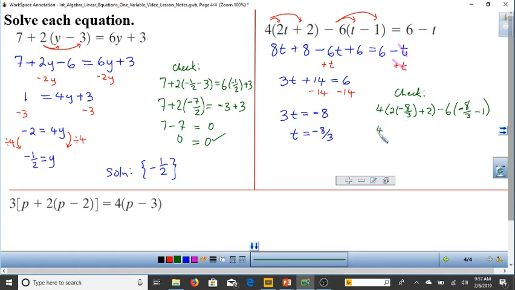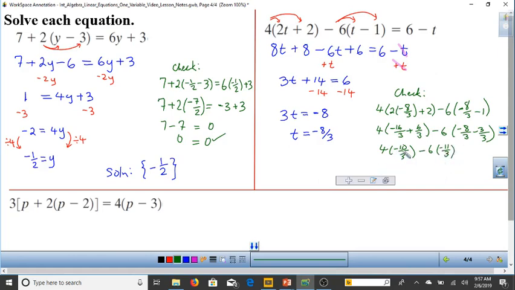And so negative 16 over 3 plus 2, I'm going to write that as 6 over 3. And then on the next fraction, we have negative 8 thirds minus 3 over 3. So let's write it that way. And then negative 16 over 3 plus 6 over 3 is negative 10 over 3. So I have 4 times negative 10 over 3. And then we have minus 6 times negative 11 over 3. And we put those together.